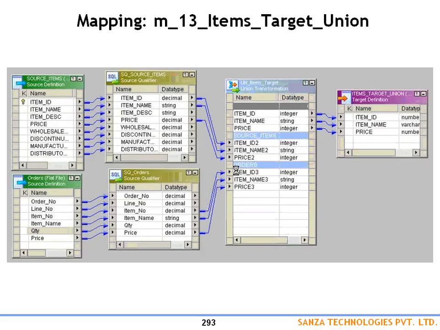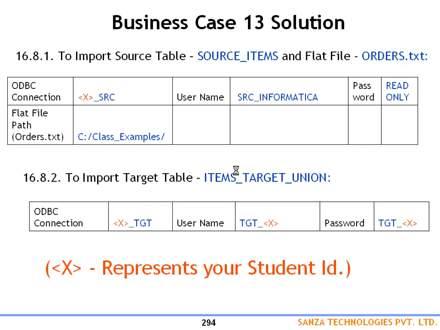So before I go further, go ahead and write this down. 16.8.1 source: underscore source, that is your ID underscore SRC, username SRC underscore informatica, password read only, to import the source structure for the orders.text file, equivalent class underscore example. Then to get the target table, we have to go to the T database, so ODBC connection for ID underscore T, username T underscore ID, password T underscore ID.